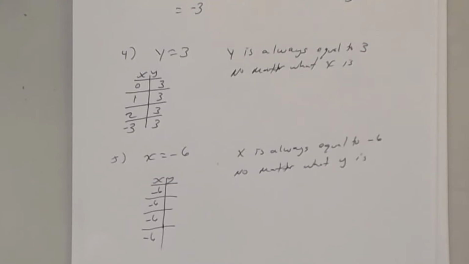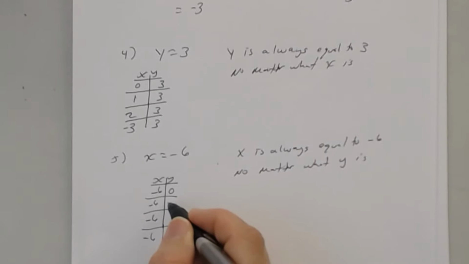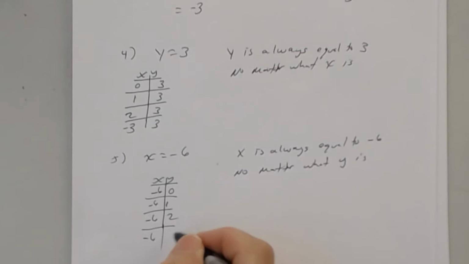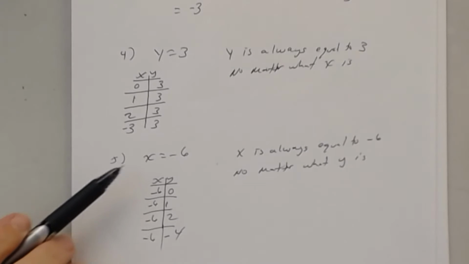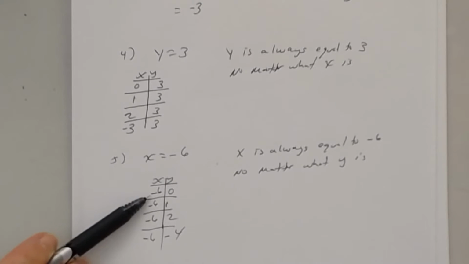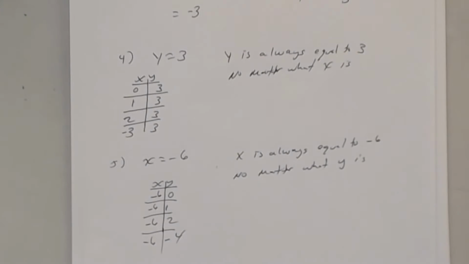No matter what y is. So y could be 0, y could be 1, y could be 2, y could be -4, and so on, right? Does not matter. But this makes sense because this says x has to be -6, and that's what x is. If you look at all these points, x is -6.